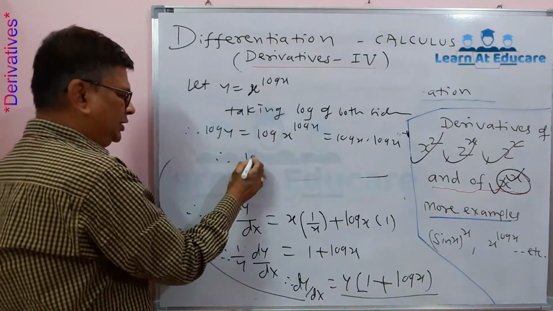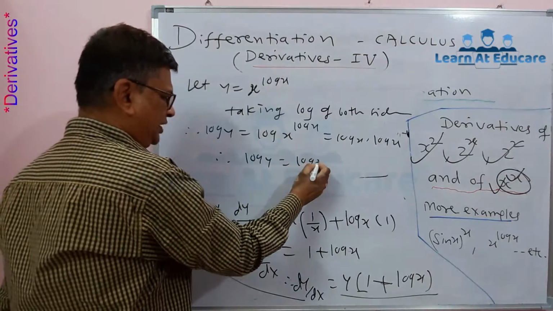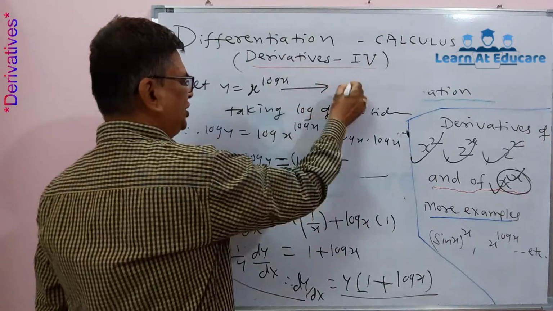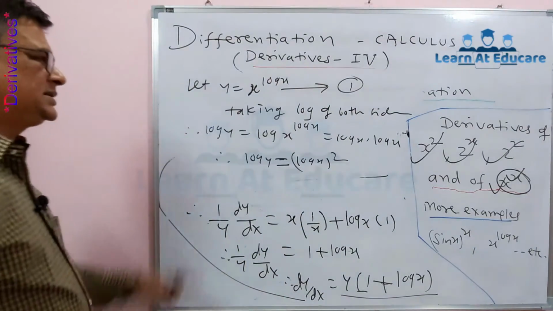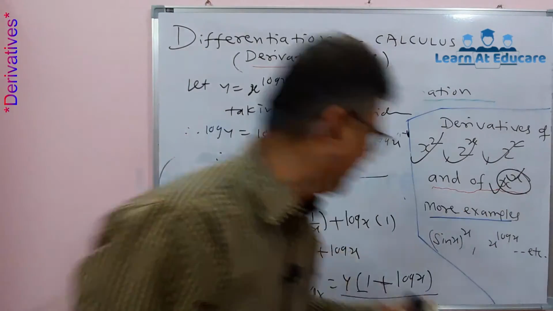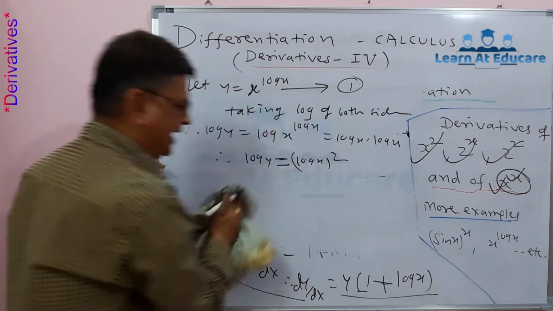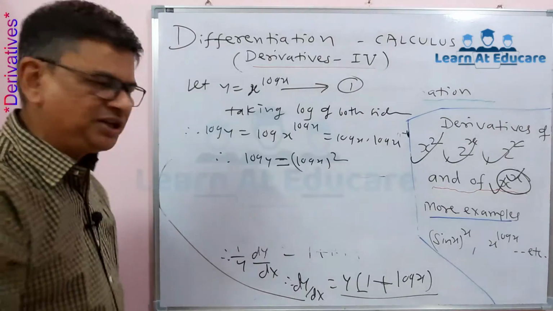This can be written as log y equal to log x into log x, means log x bracket square. Meanwhile, we give this equation 1, that y equal to x raised to log x. Now this log y LHS, RHS log x bracket square, can be differentiated with respect to x.